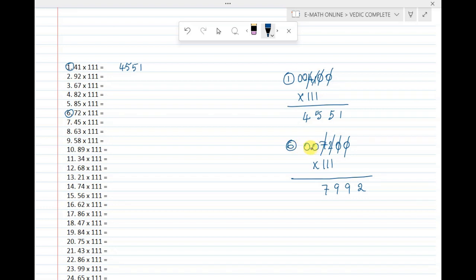Now there are no 3 digits, so the process will stop here. So the answer is 7992. I have done this problem number 6. Understood?